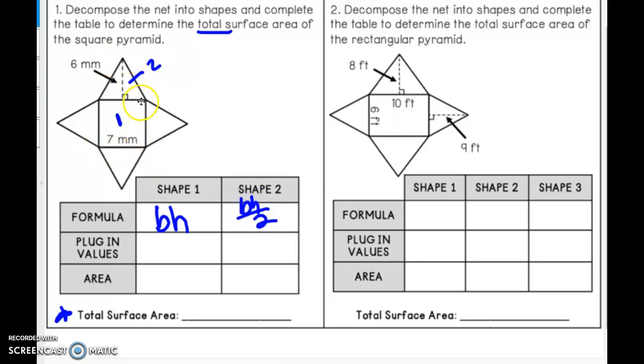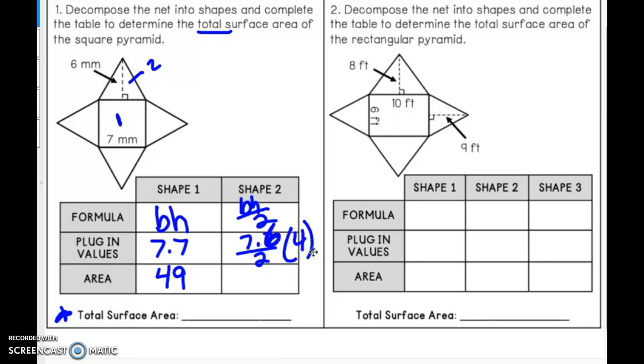So if we were to put our values in for our base and height, it would be 7 times 7. And there's only one of those, so that is 49. This one is 7 times 6. The height is 6, the base is 7, divided by 2. And there are actually 4 of them.